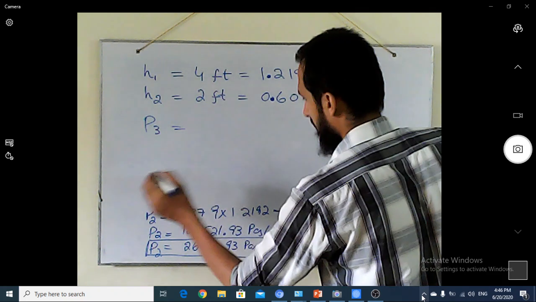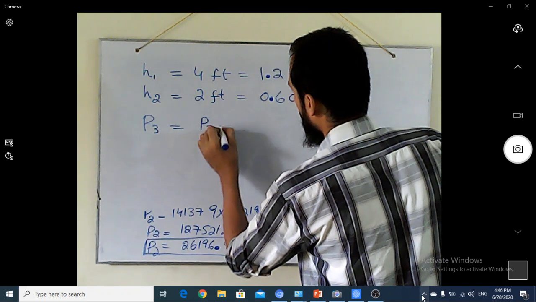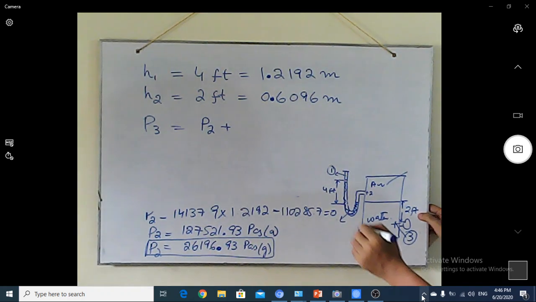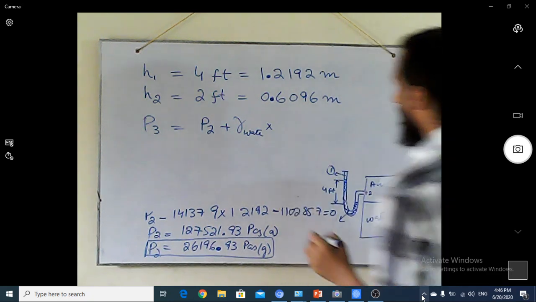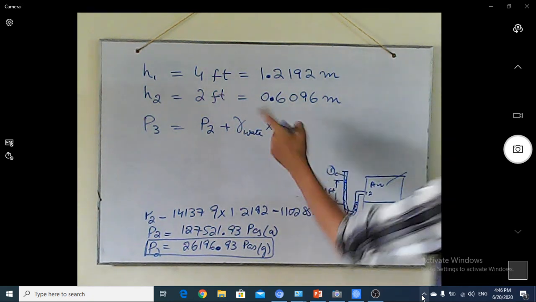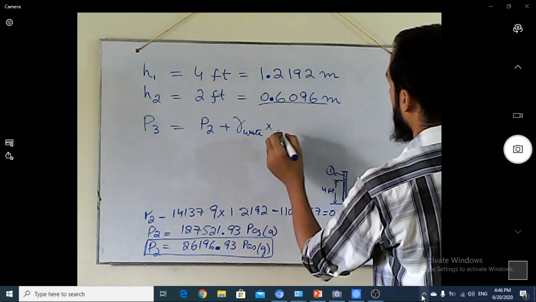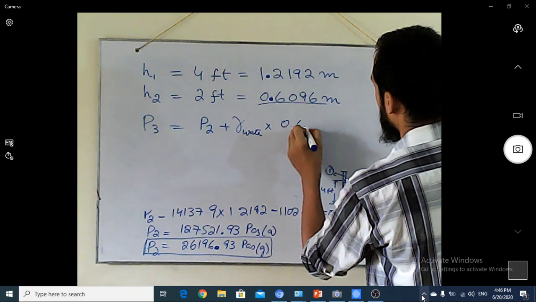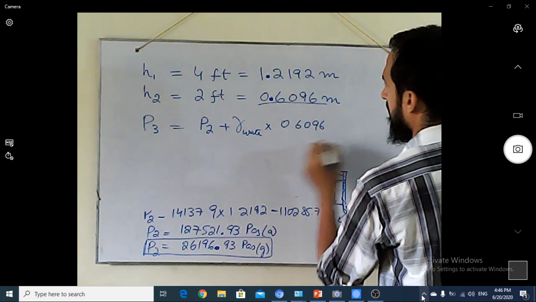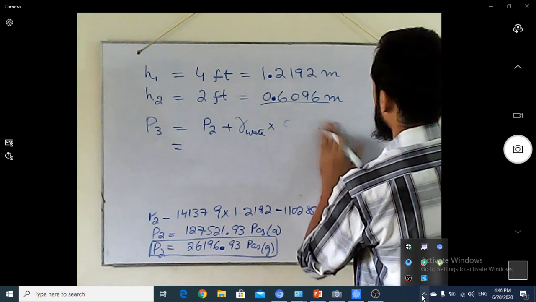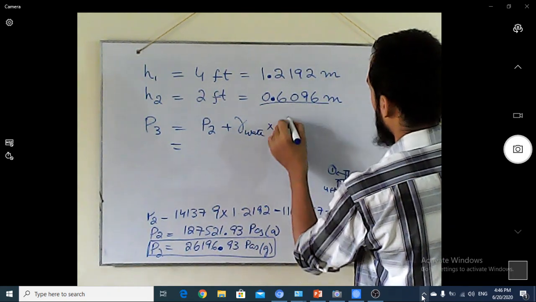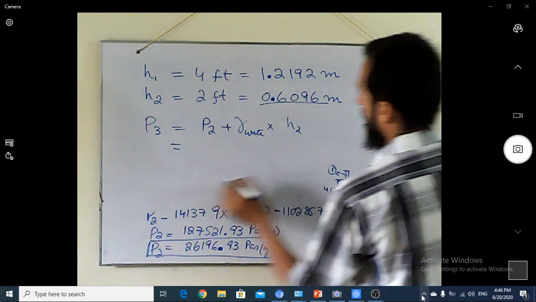So we just write P2 plus the specific weight of water multiplied by the height H2, which I have converted to meters, 0.6096. First you just need to write it in the form of variable H2.